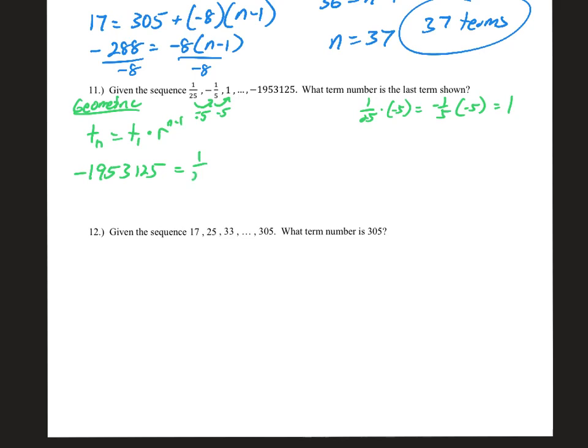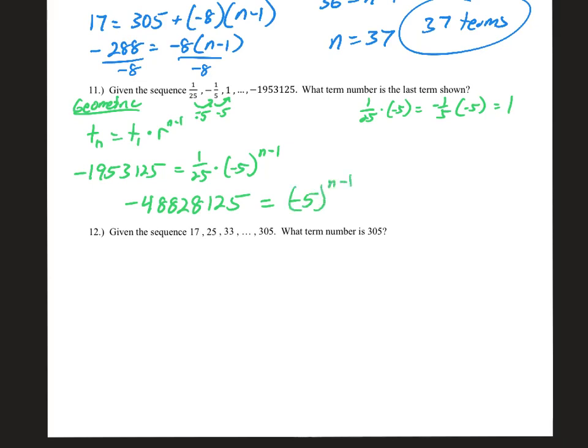And the first term is 1/25 times -5 to the n minus 1. Now, the negative thing is going to be an issue, but I'll show you how to deal with that here. So first times by 25, and so this is going to be even a bigger number. And you get -48,828,125 equals -5 to the n minus 1 power.